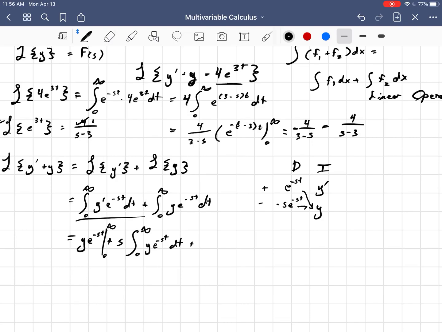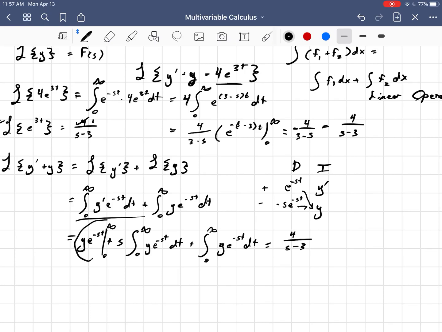Plus s times the integral of y e to the negative st dt. And then this is another integral from 0 to infinity of y e to the negative st.